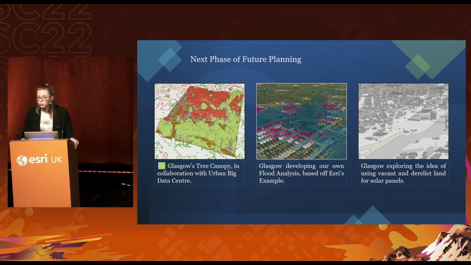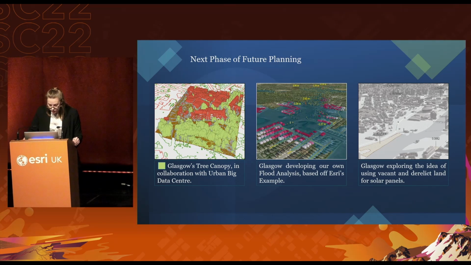Our team will also be developing a flood analysis model using Esri tools. This will help with future planning and mitigation for extreme precipitation, such as rainfall caused by climate change.